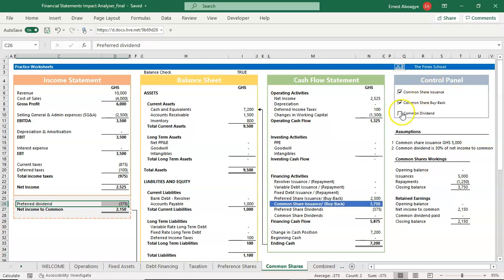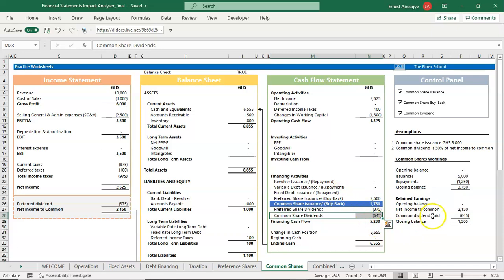When we pay common dividend, we realize that we have paid common dividend here of 645, and I failed to highlight that beforehand. I think you will pardon me on that, but you can see that the common share dividend here has been paid, 645.